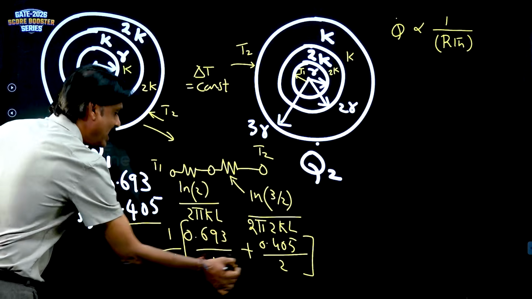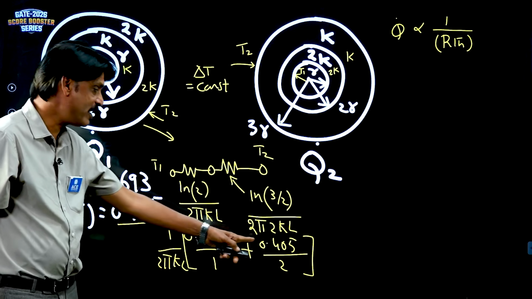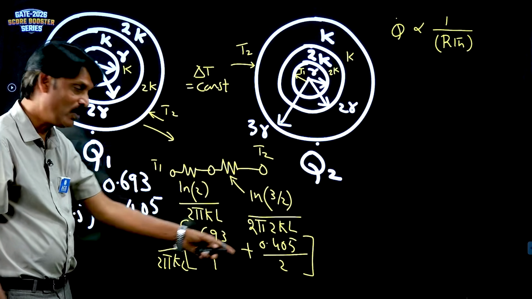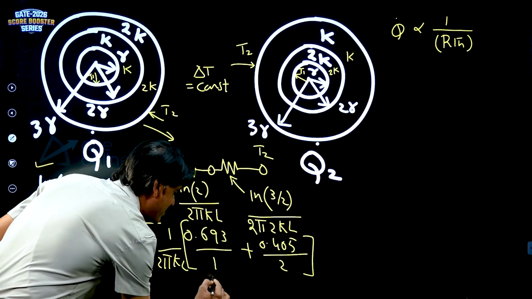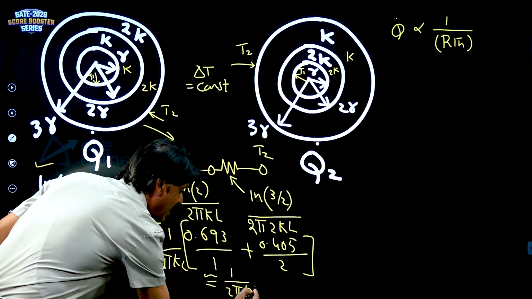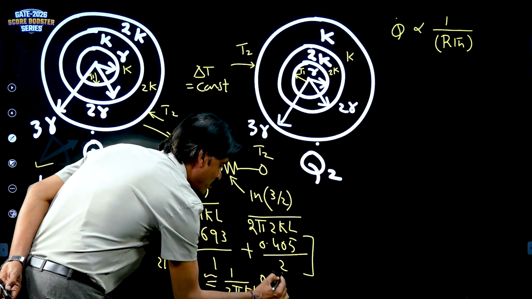I am getting a numerical value of around, say, 0.7 plus 0.4 by 2. So, this resistance is almost 1 by 2 pi KL into around 0.7 plus 0.2, that is 0.9.